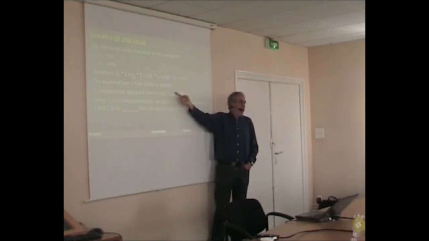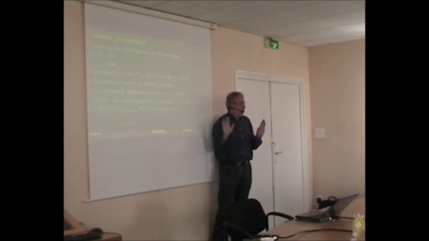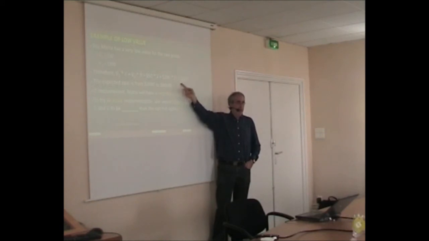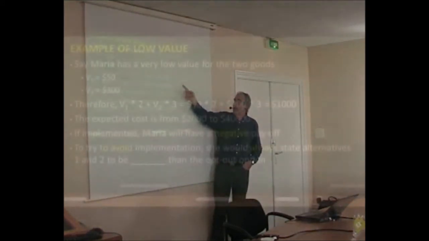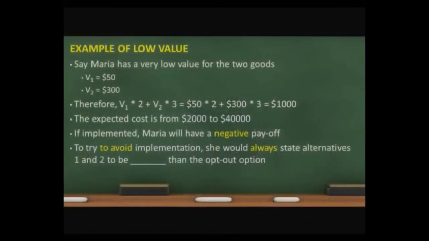Here, if implemented, I'm going to lose. If not implemented, I don't lose. So my incentive is to try for it not to be implemented. Right? Because if implemented, I'm going to lose, because my value is lower than the cost we are going to draw.